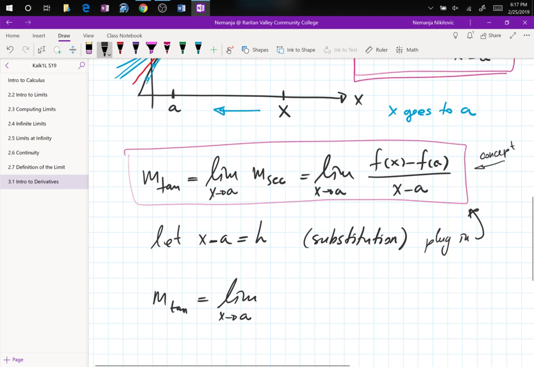So if I want to eliminate x, then x is equal to a plus h. So plug that in, and instead of f of x, I have f of a plus h, minus f of a, that has no x, divided by x minus a, which is h.